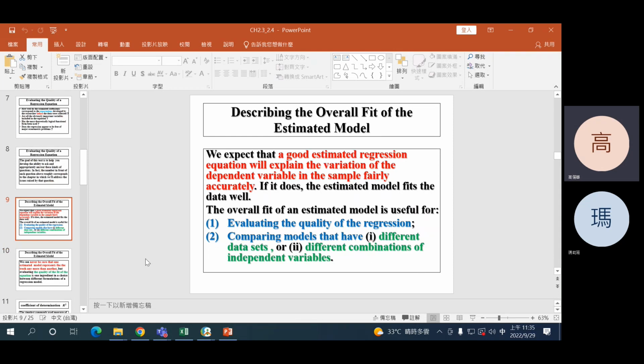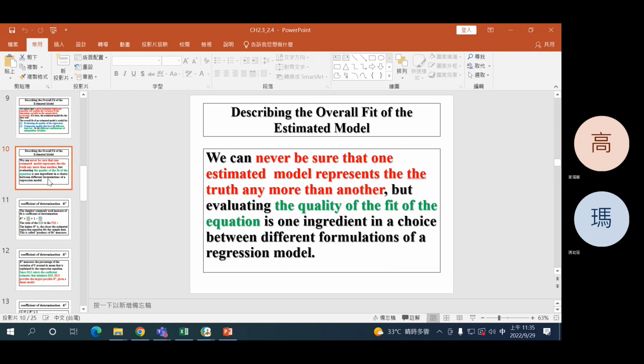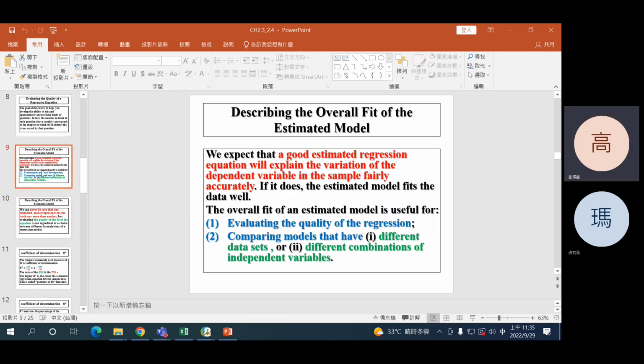Again, I think we need to mention something. We expect that a good estimated regression equation will explain the variation of the dependent variable in the sample fairly accurately. And if it does, the estimated model fits the data well.